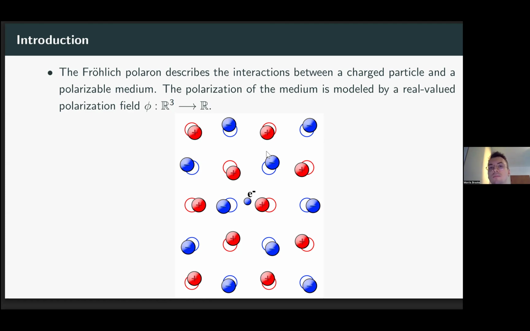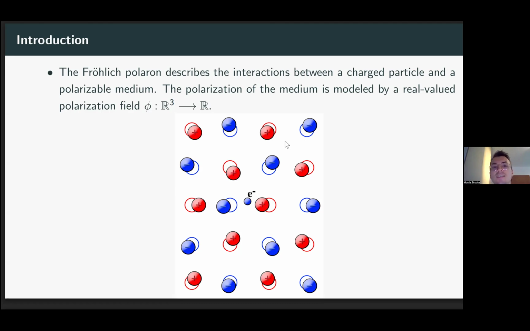Now there are many approximations going on in the Fröhlich polaron. Two of them we can immediately see. The first approximation is that we take the medium as a continuous object. In the picture you see something discrete, but we say we want the mesh size to go to zero, such that we can talk about a continuous object.